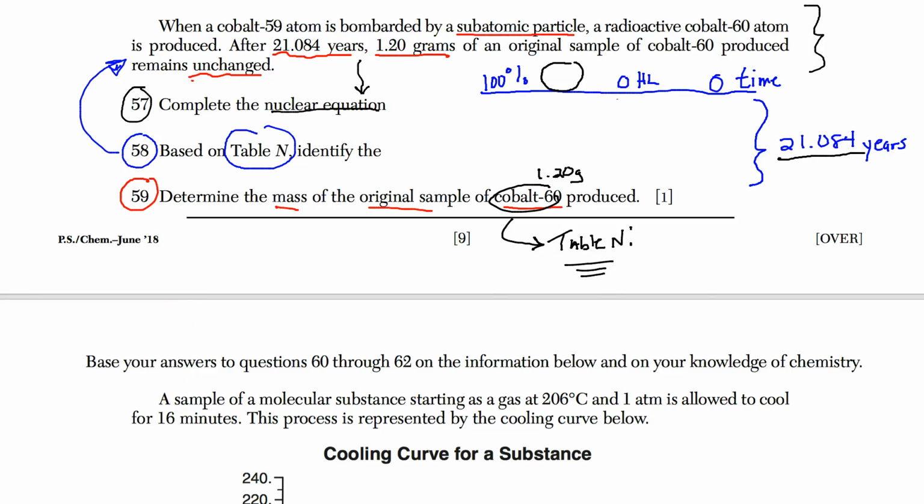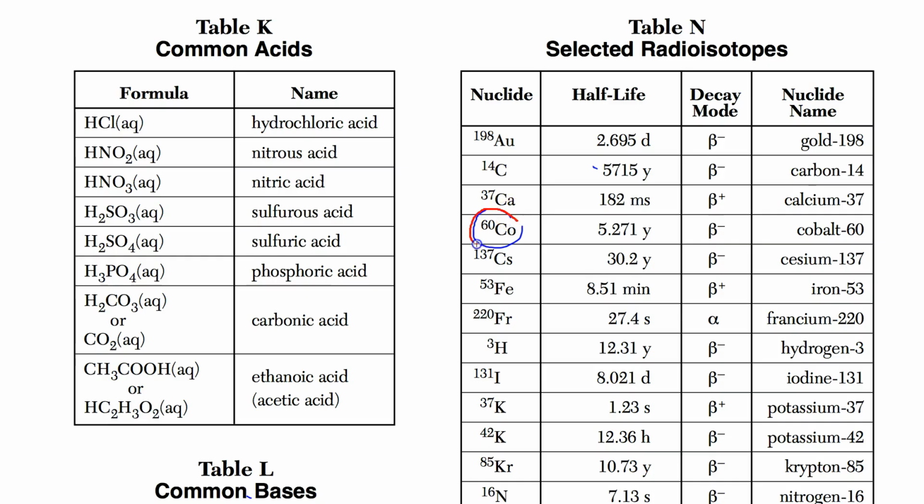So cobalt-60, we already figured out from another question that the decay mode is B negative, but the half-life time is 5.271. That's the amount of time it takes for the original sample to halve. So if you had 100 grams, now you have 50. So if we know the total time that's transpired, and we know the amount of time for it to halve, we can figure out how many half-lives have occurred.